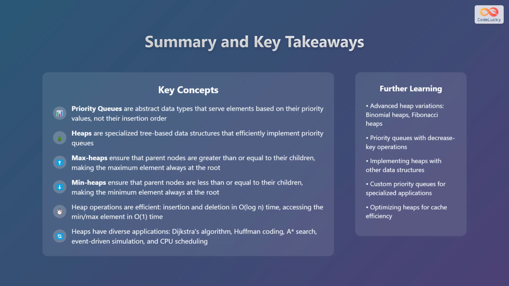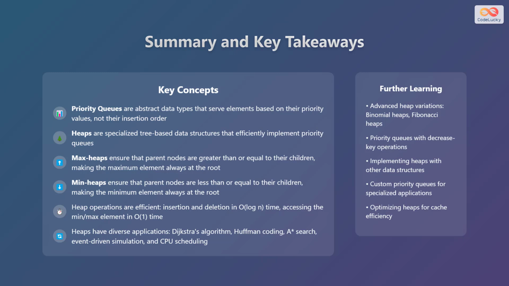Min-Heaps ensure that parent nodes are less than or equal to their children, making the minimum element always at the root. Heap operations are efficient. Insertion and deletion are O(log n) time, and accessing the min or max element is O(1) time. Heaps have diverse applications: Dijkstra's algorithm, Huffman coding, A star search, event-driven simulation, and central processing unit scheduling.